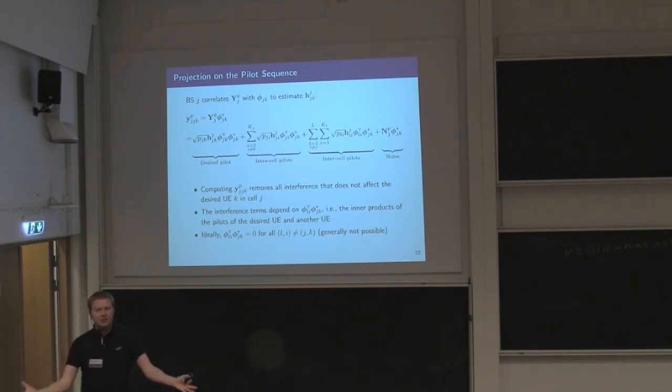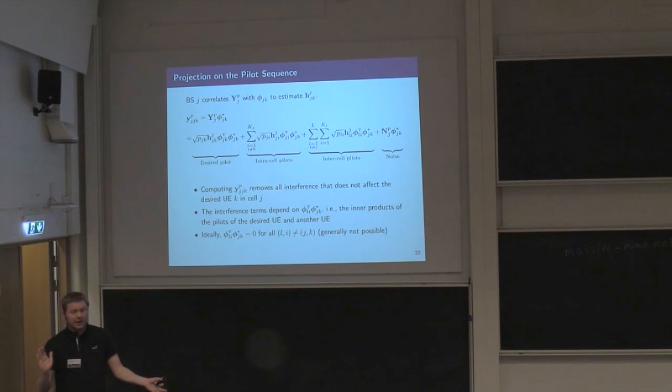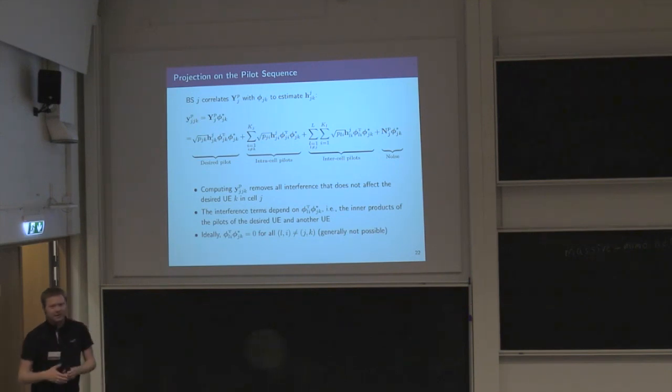But in a large system, of course, we cannot do that, because if you would like to make two sequences of length tau_pu orthogonal, you can only find a collection of tau_pu different sequences of that kind that are like an orthogonal basis for the subspace, and that are all mutually orthogonal. So there are only tau_pu sequences that you can generate. And if you have more users than that in the entire network, that is a problem for you.